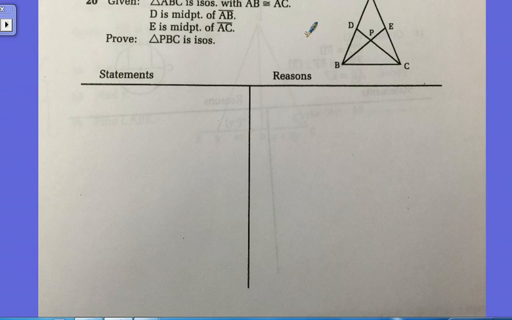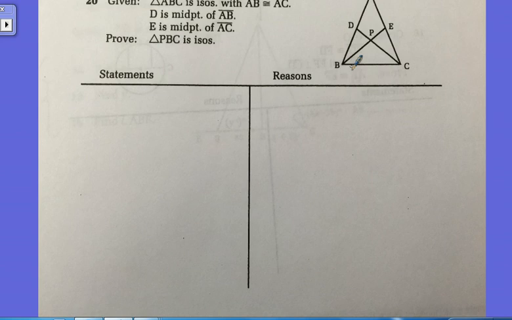All right, so here we have this guy here. This is letter A up here. I don't know if you can see that, but we have that triangle ABC is isosceles with AB being congruent to AC. D is the midpoint of AB. E is the midpoint of AC, and we're supposed to prove that this little guy down here, PBC, is isosceles.